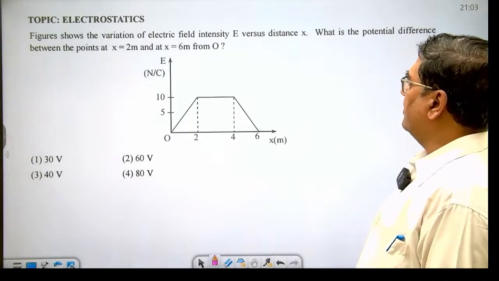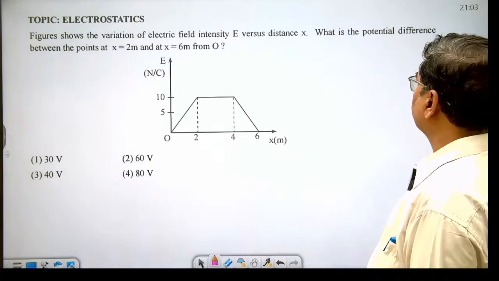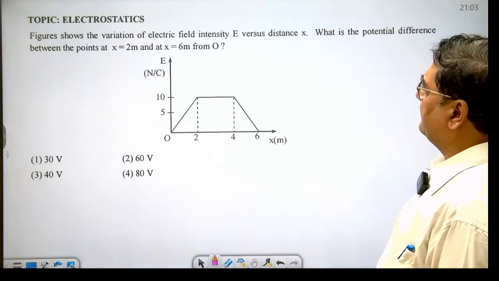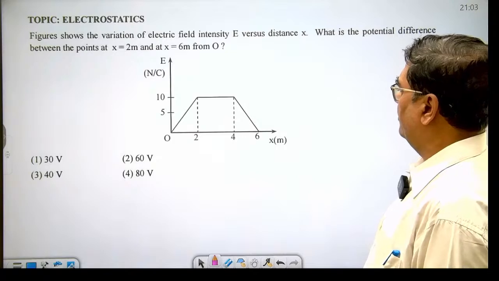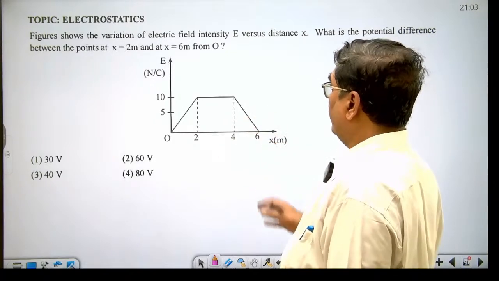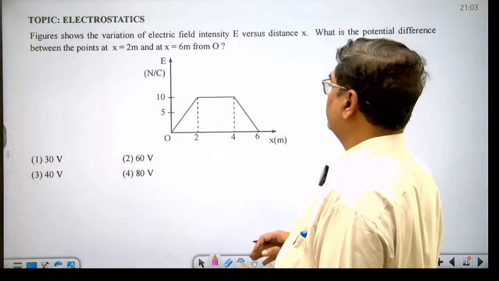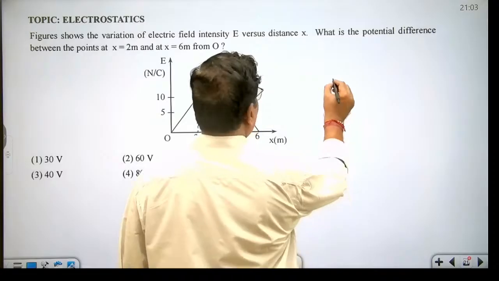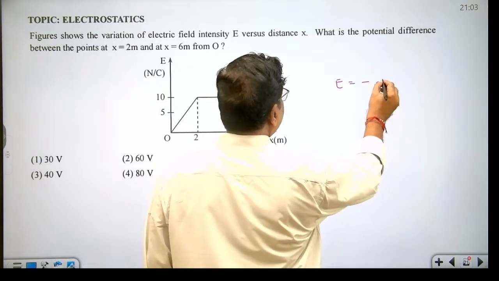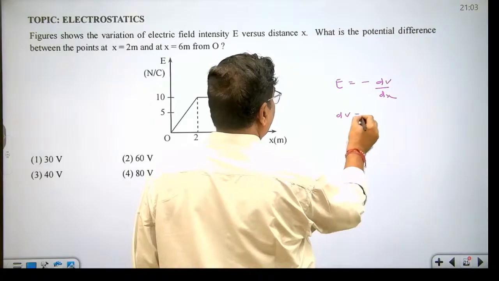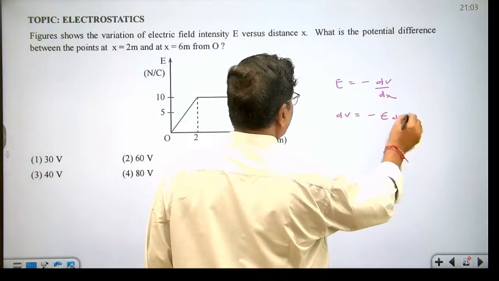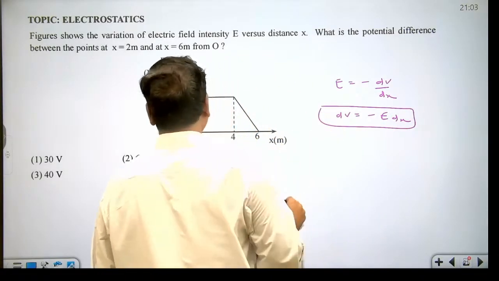The figure shows the variation of electric intensity versus distance x. What is the potential difference between the points at x equal to 2 meter and at x equal to 6 meter from O? Dear student, the area under the electric intensity distance graph will show E equal to minus dV upon dx. So dV is minus E dx. So the area will show change in potential.